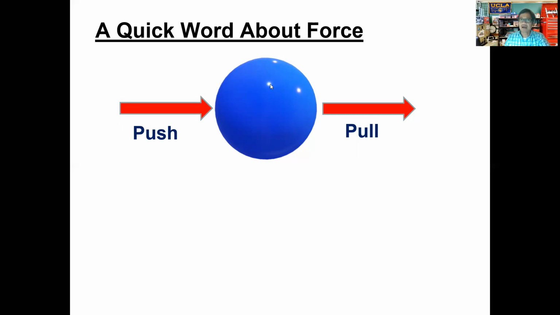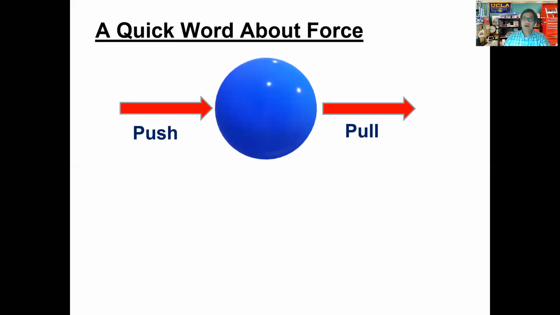This object will not change the way it moves unless it is pushed or pulled by something else. Once this ball gets pushed, it can go on and push on another ball. You can imagine playing pool: we push this blue cue ball, and it can collide with another ball and push on that object.